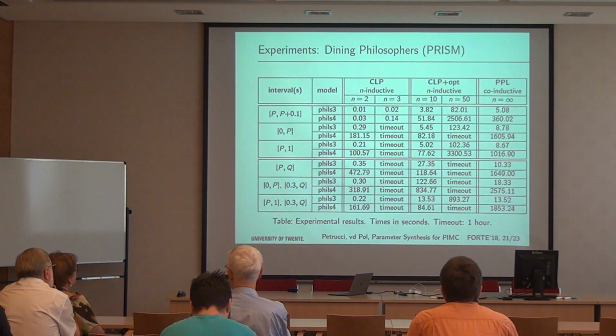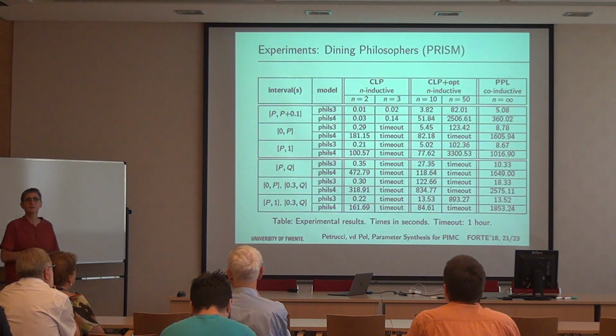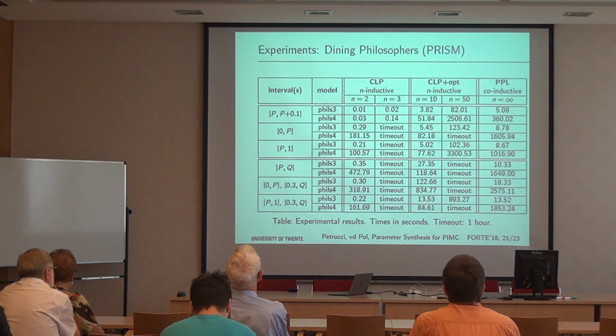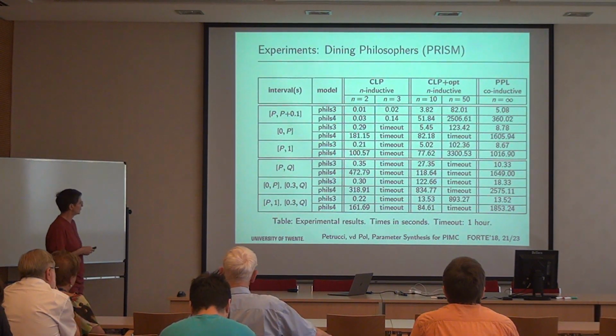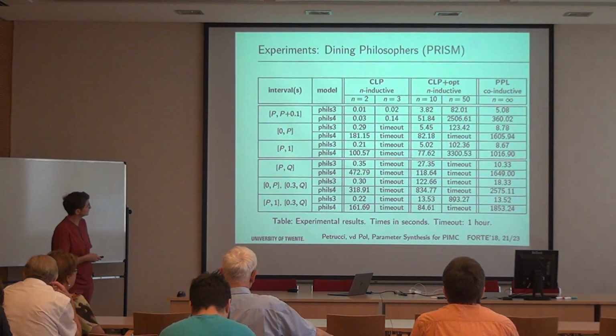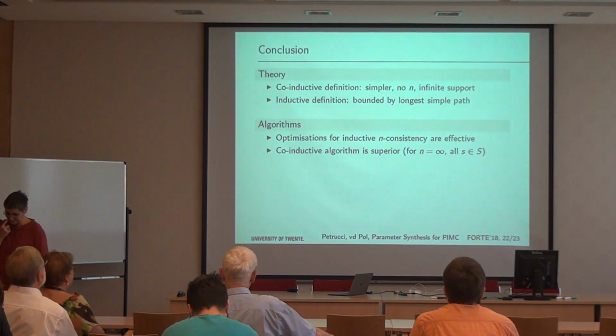With the PPL library and the co-inductive algorithms, we didn't have any timeouts on these examples. So the computation was done for any n. Well, n is not specified. So that is the actual result, which is quite nice and shows it's efficient to use.